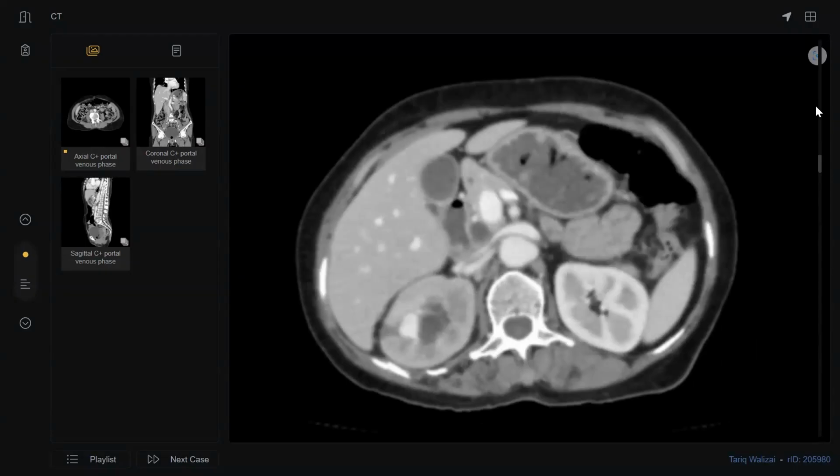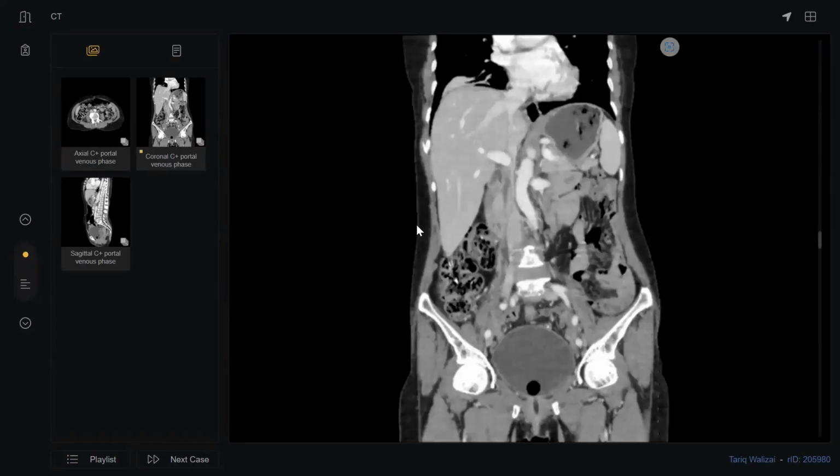Here, there is a blush of contrast within the corticomedullary junction with adjacent hypodense lesion. So this could be some lesion with a possible pseudoaneurysm formation within the kidney.